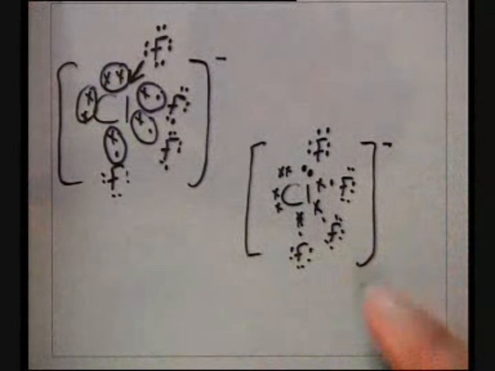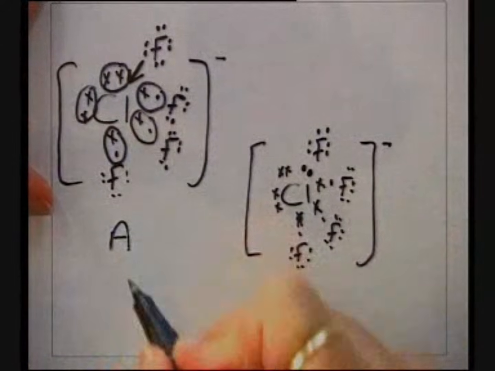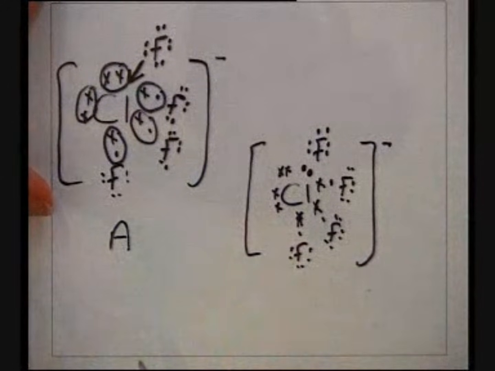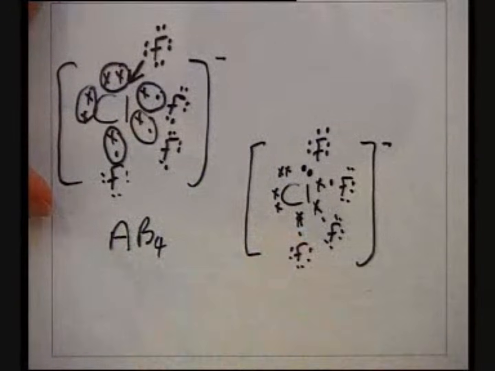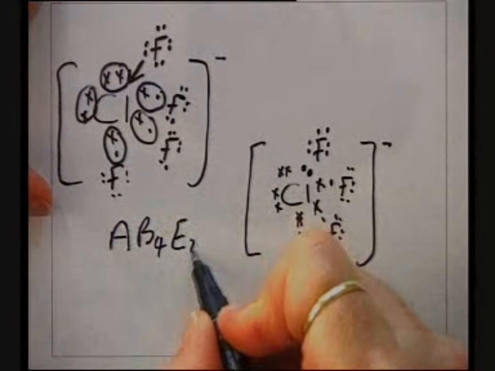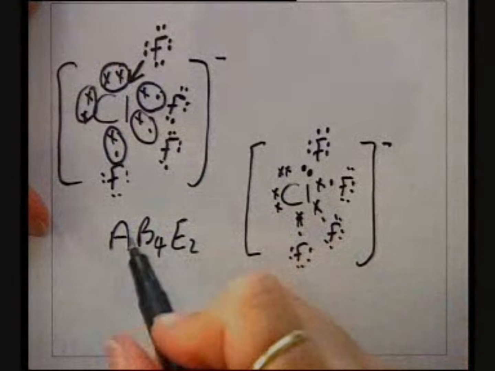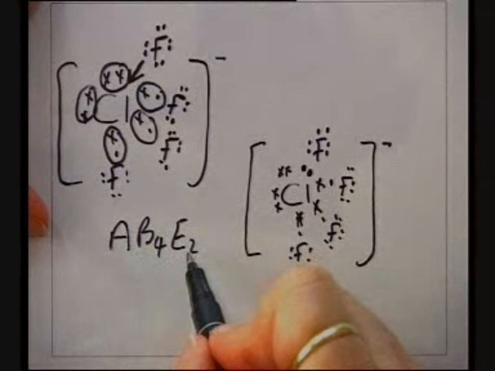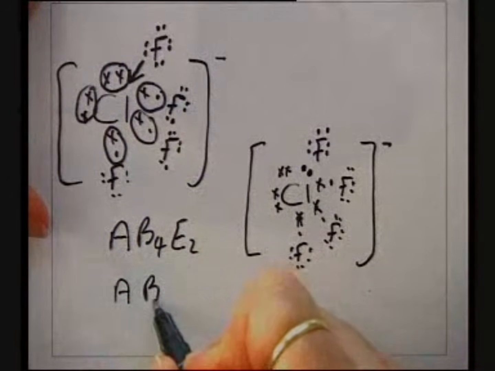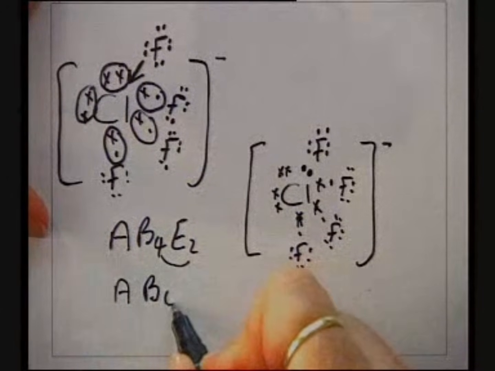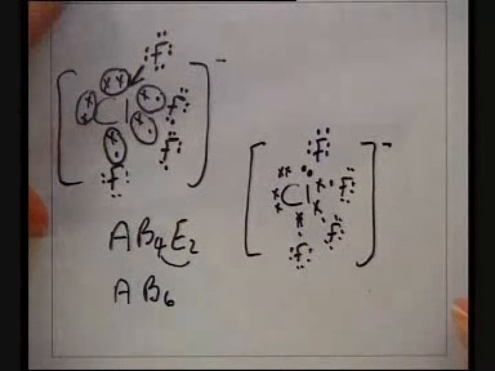For the molecular geometry, A for the central atom will represent the central atom chlorine, bonded to 4 terminal atoms, 2 lone pairs. The molecular geometry AB4E2 is represented by the electron pair geometry AB, 4 plus 2 will make 6, AB6.